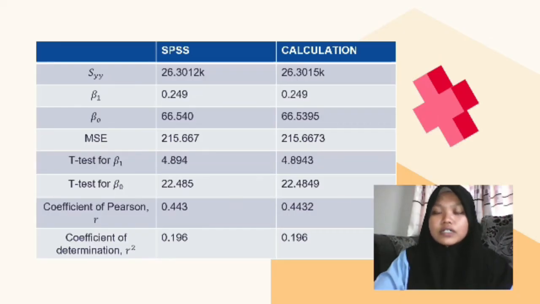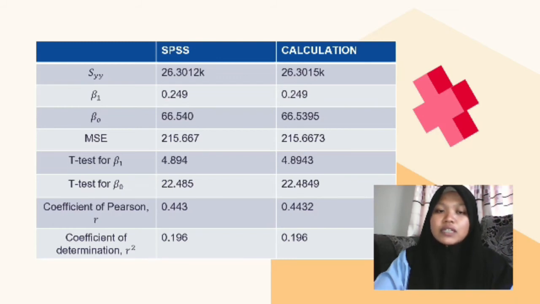After we run the simulation and see the output from the SPSS software, we come up with an analysis to verify the manual calculation with the values from SPSS. SPSS rounds off the value to 3 decimal places and in manual calculation we use 4 decimal places.